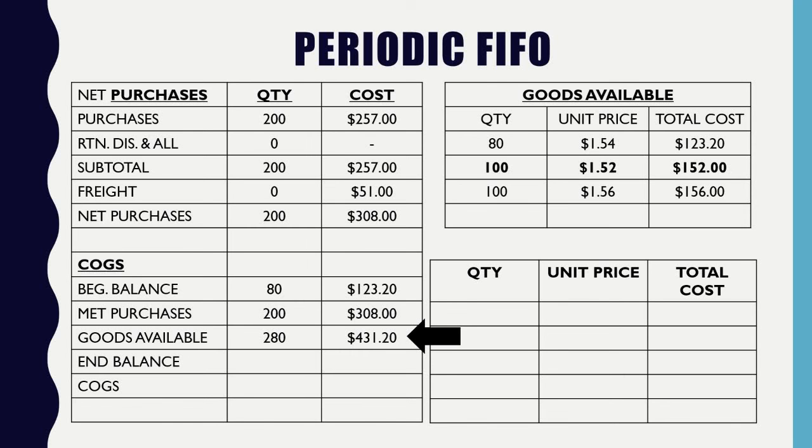Okay? So that's how we calculate my goods available. That means combining my purchases plus what I had previously for my other inventory is what's going to be the available units that I can sell.